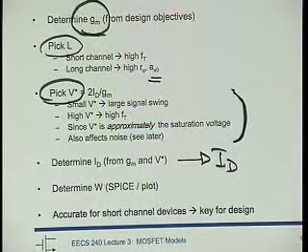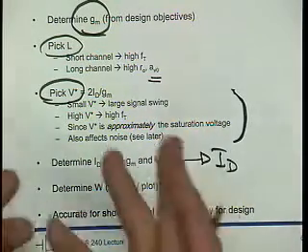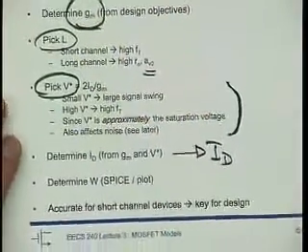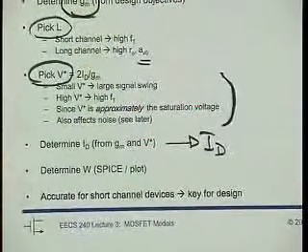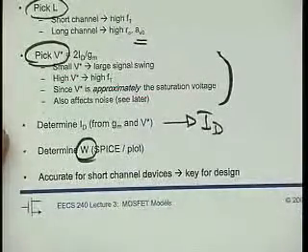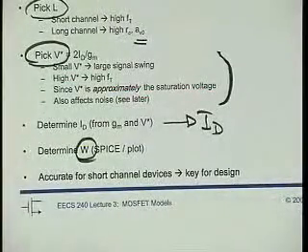Low power design by just choosing a small ID, well, give me a break. I can always reduce the supply current. Of course, the circuit's not going to work anymore. Well, big success, just turn it off. It's even lower supply current. And then we need to get W, and for that we need SPICE.